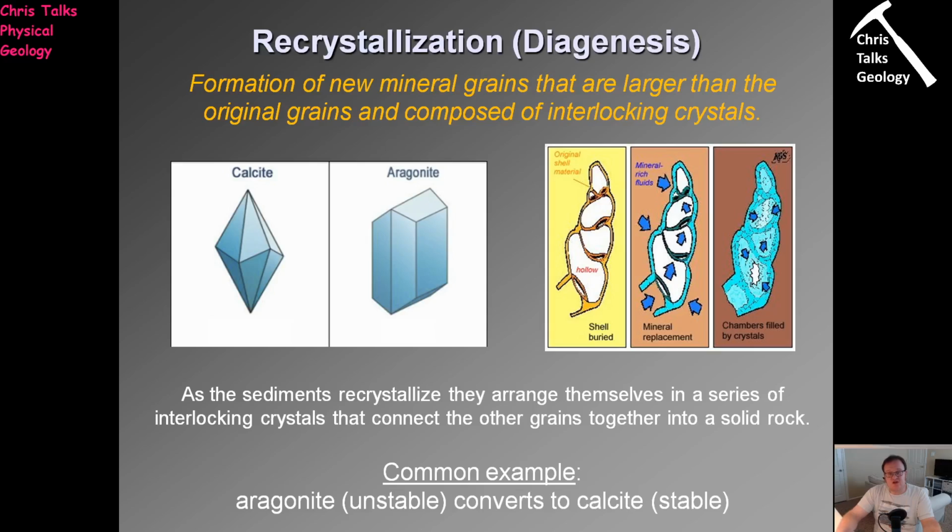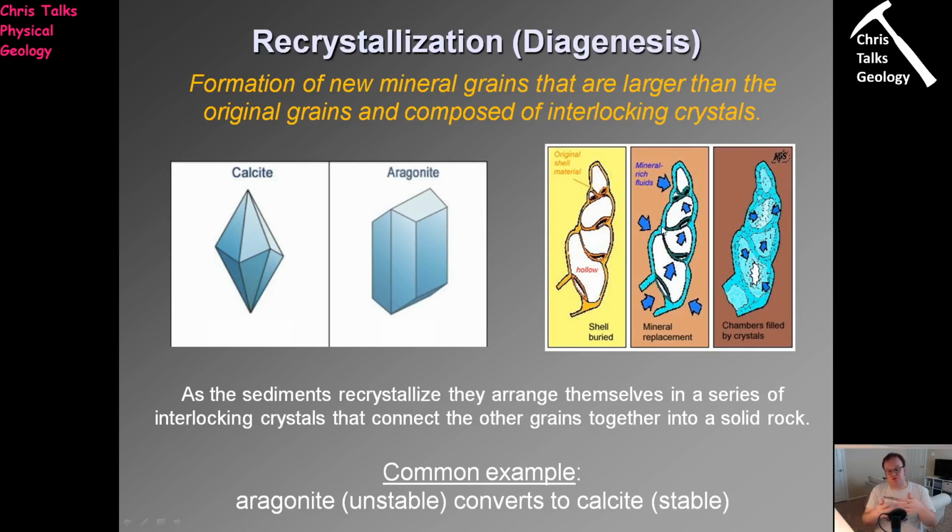And so in that situation, the aragonite will break down and it will form calcite. Aragonite is calcium carbonate, calcite is calcium carbonate. So the chemical formula doesn't change, it's just, the crystal lattice changes slightly. Now the process itself, if we just step over here for a second, will cause the original crystals, which can often be quite small but numerous, to form far fewer but much larger crystals.